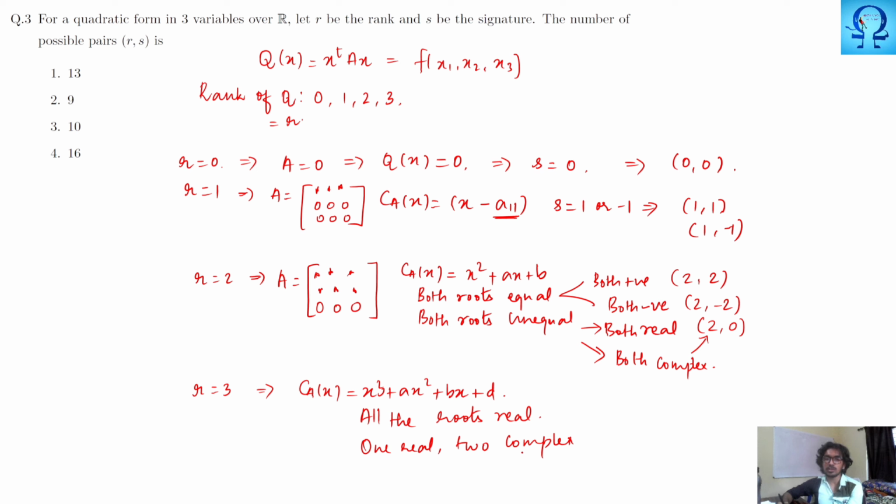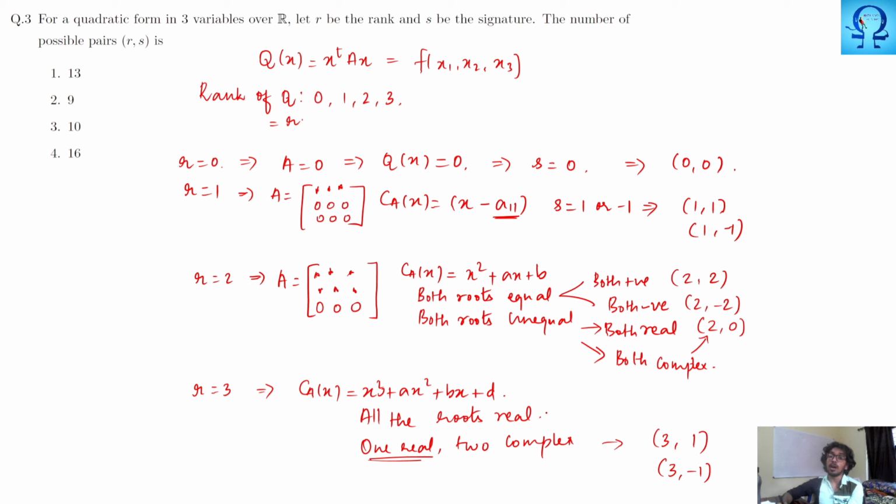So when one is real, it can be either positive or negative. If it is positive, you will have 3 comma 1 this pair. If it is negative, then you will have 3 comma minus 1 this pair. Okay, so this is what we are going to have.